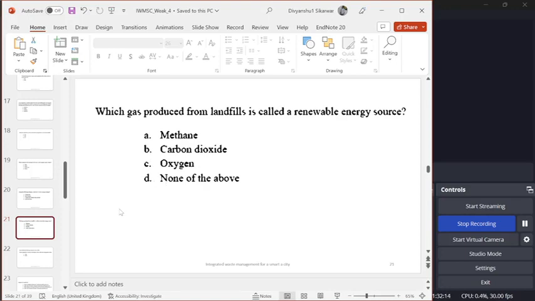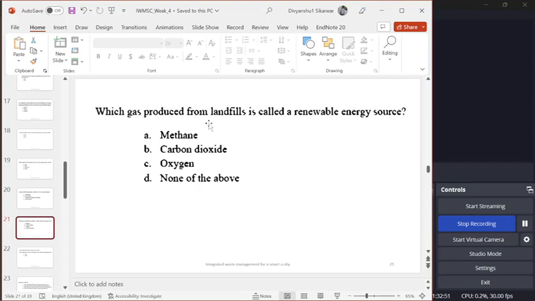Which gas produced from landfill is called renewable energy? The answer is methane. But as sir also mentioned in class, it is debatable whether we can call it renewable or not, because the methane is coming from landfill.